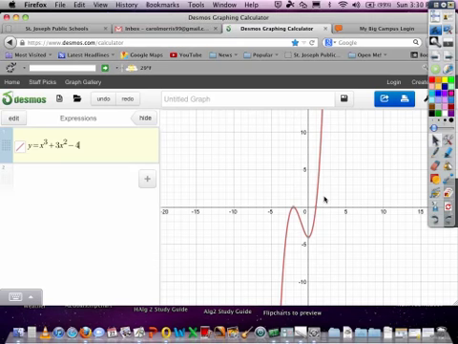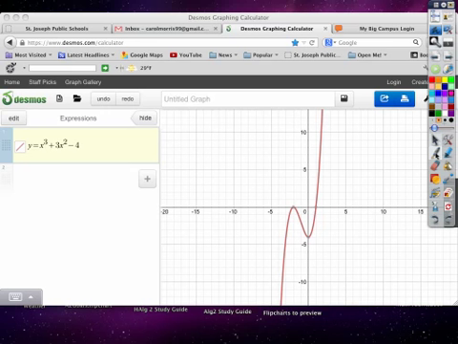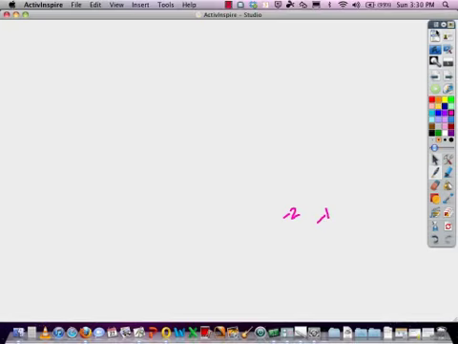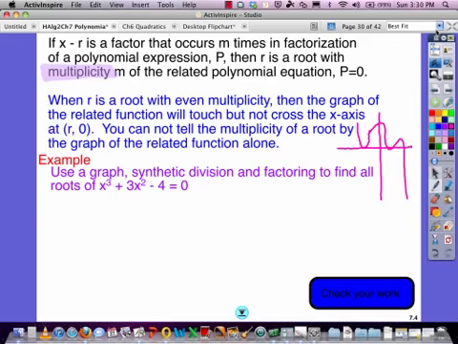Okay, that appears to be 1. And this one looks to be a negative 2. So we could use both of those in our work, right? So let's go back. We said it looks like it crosses at a negative 2 and a positive 1.